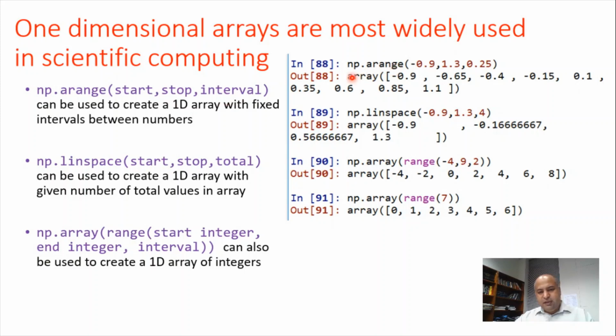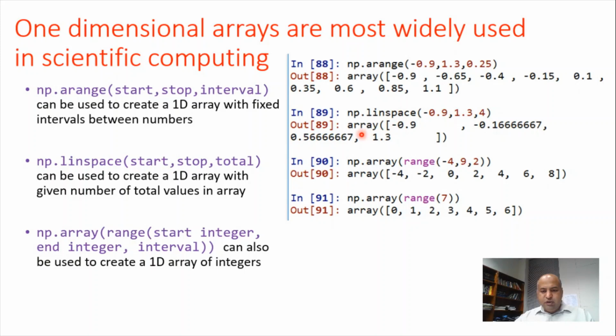For example, here I'm creating a one-dimensional array which starts from minus 0.9 and ends at 1.3 with a difference of 0.25. It starts at minus 0.9 and keeps going until the value is either equal to 1.3 or higher than 1.3. So it creates this 1D array.